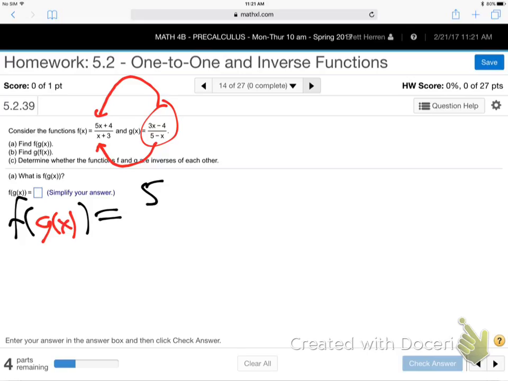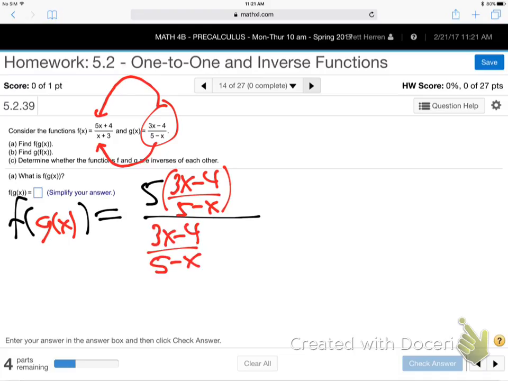I'm going to get 5, let me just do the g right now, times 3x minus 4 over 5 minus x. Like so. Is that good? So I just put all of g into the two x slots in f.